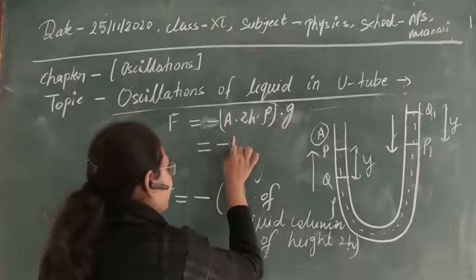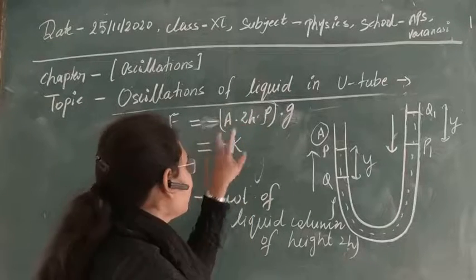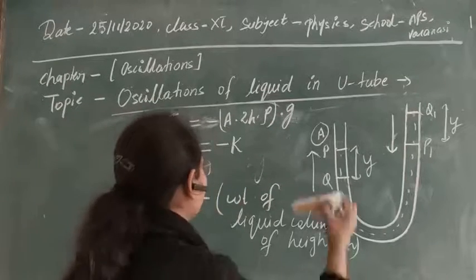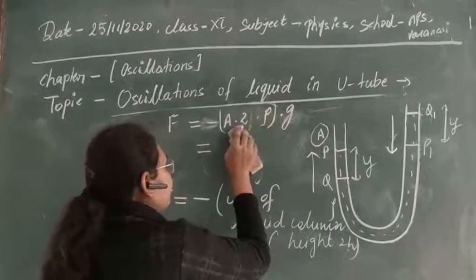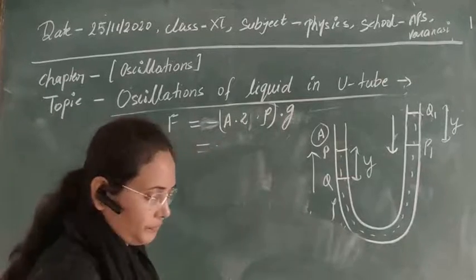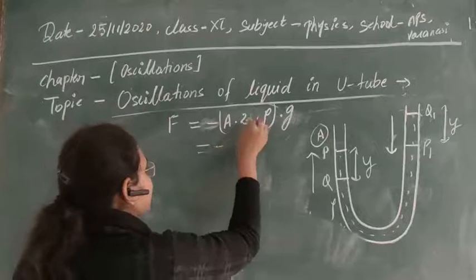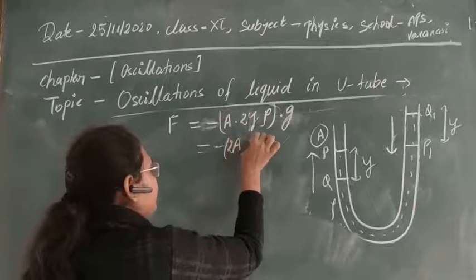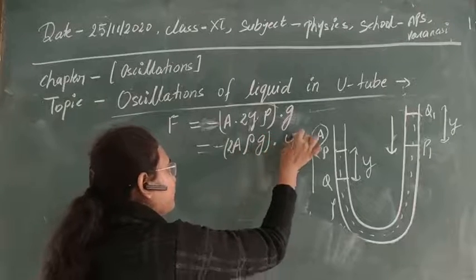So you can write here in place of this, as you are seeing that these whole terms are equal to, actually not here, that would be 2s, this will be 2y. So this is 2y. So we can also write it 2A rho into g into y.